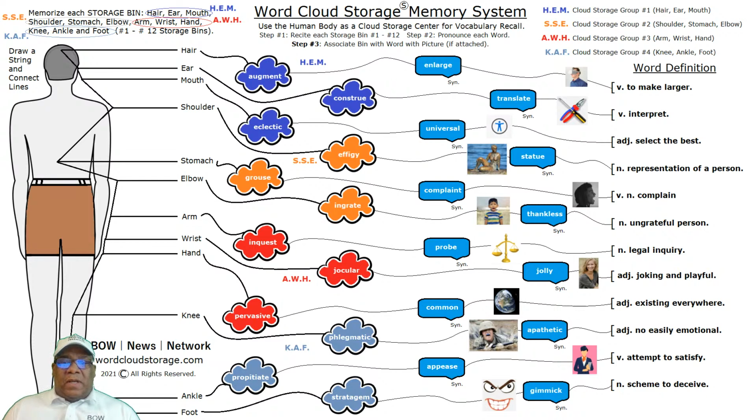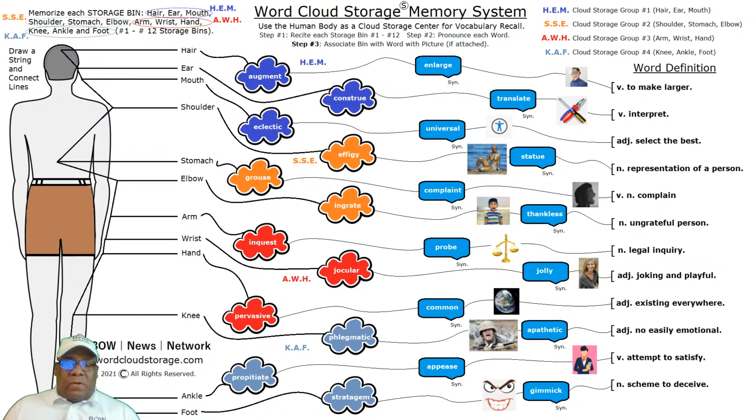You can associate the prominence of the shoulder with the statue, because that's usually what stands out with respect to a statue representation of a person. And we have grouse, which is stomach. You can make an association of growling to your stomach, which is a good association because in this case it means to complain. So grouse is attached to the stomach storage bin.